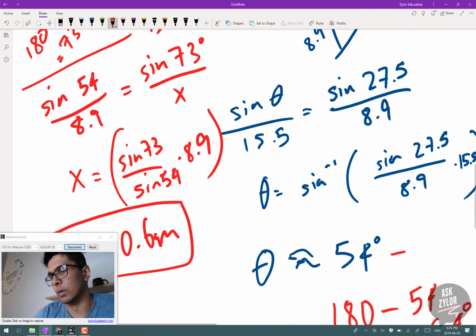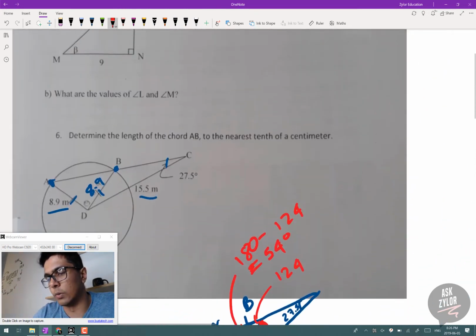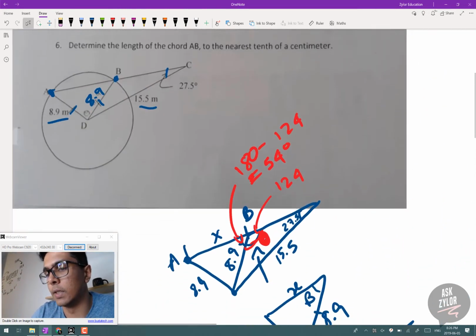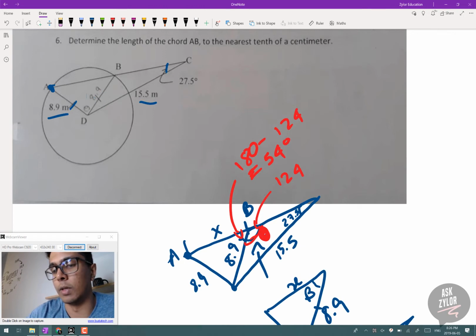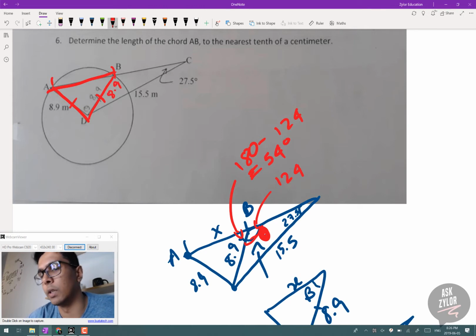Okay, so that was a little messy. Let's go back and see what we did. So we're trying to find the distance AB, right, from here to here. So we're trying to essentially solve this triangle. We know this is an isosceles triangle because these sides are the same. This is 8.9 as well, but we don't have any other information. So we're going to use the triangle adjacent to that to get us that information, right?